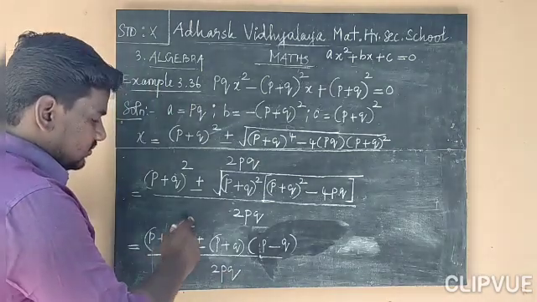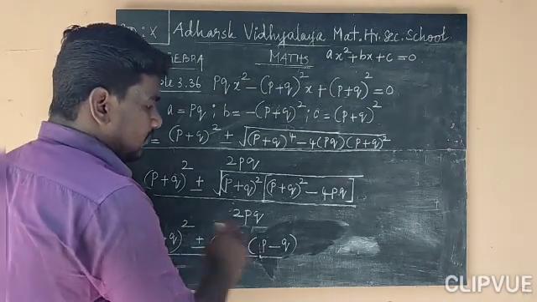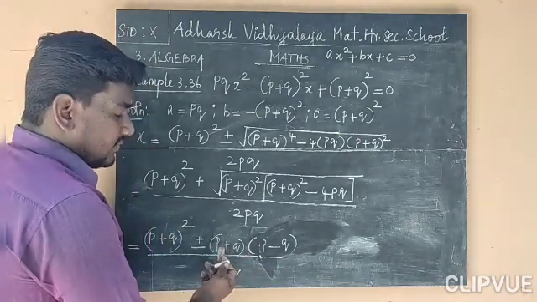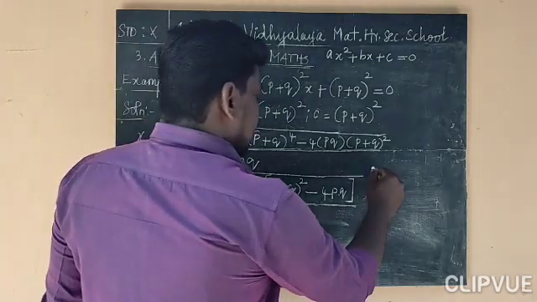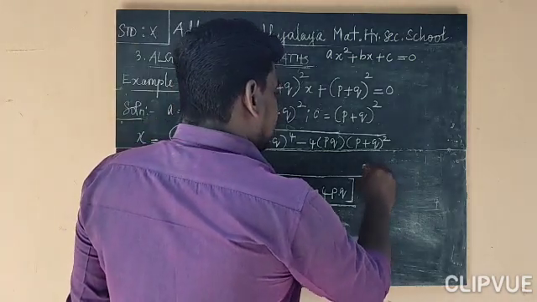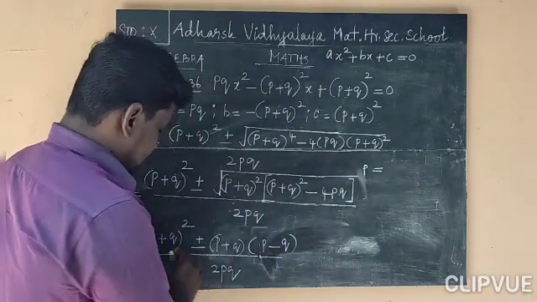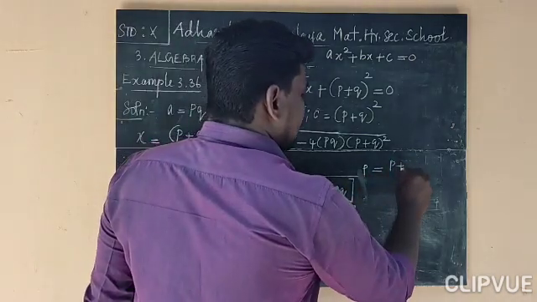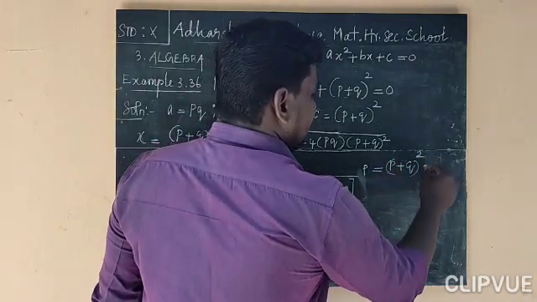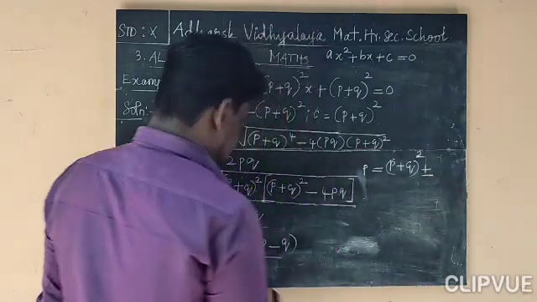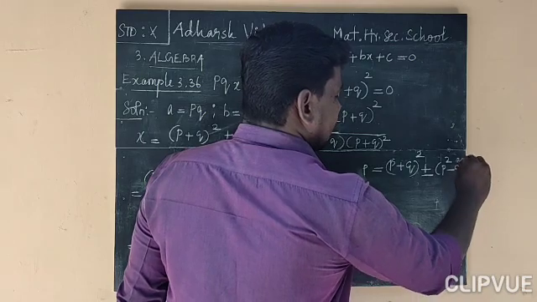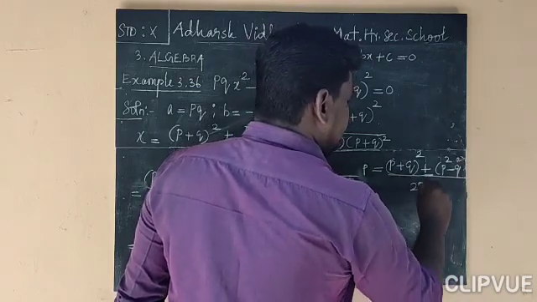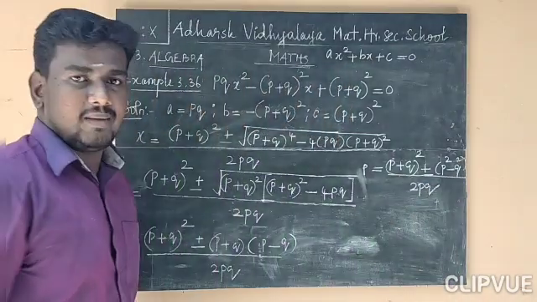So (p plus q) whole square plus or minus (p plus q) into (p minus q). It is in the form of a square minus b square. So p is equal to (p plus q) whole square plus or minus, this becomes (p square minus q square) whole divided by 2pq.